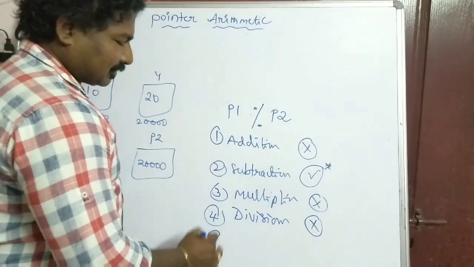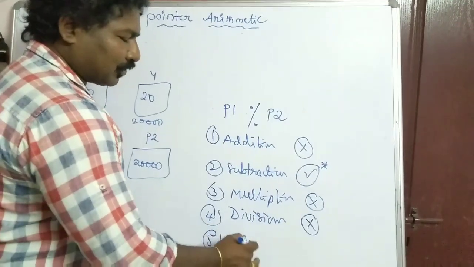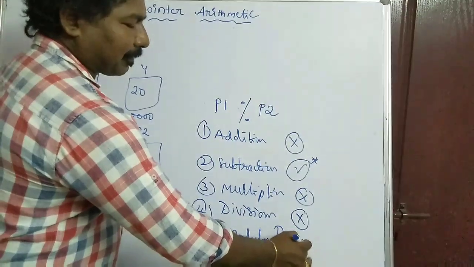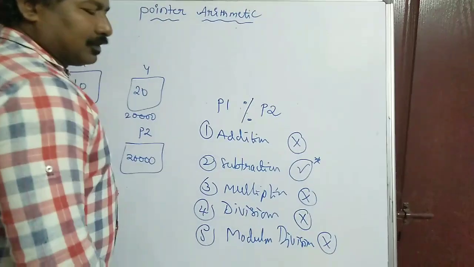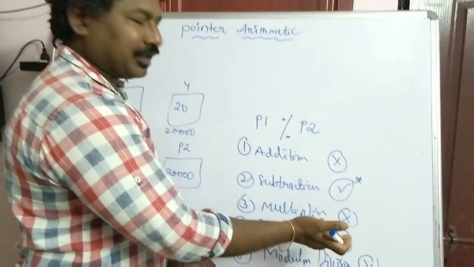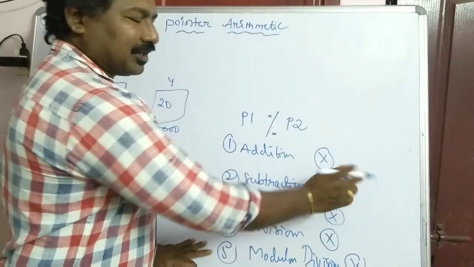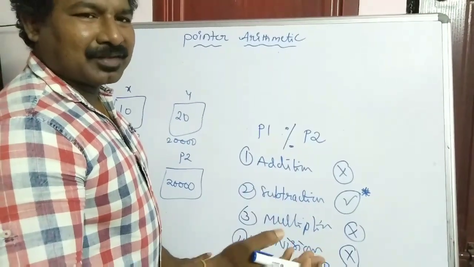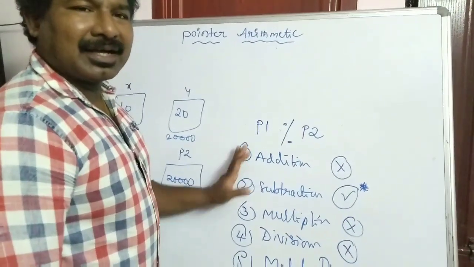If division is not possible, modulus division is also invalid. So out of these five operations, subtraction is allowed between two pointers, but with a condition. What is that condition? Both the pointers point to the same array. So these are the arithmetic operations.